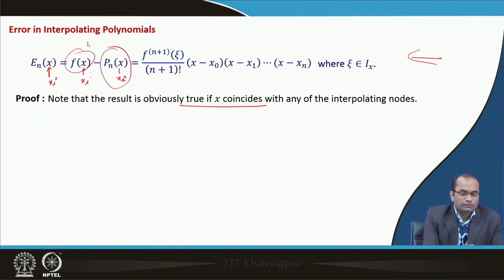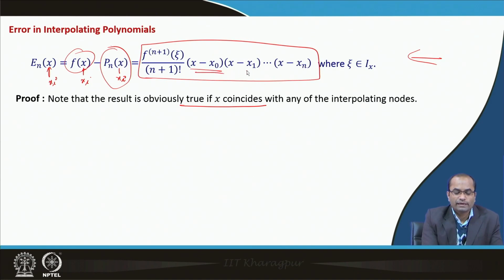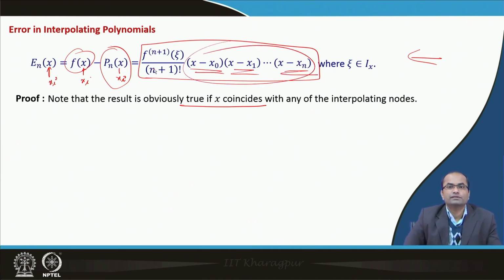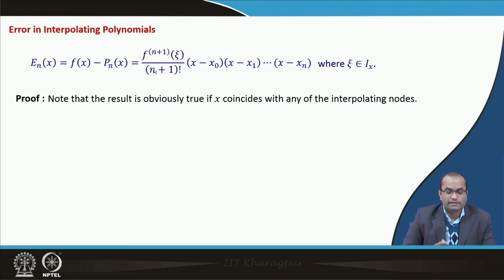Then the error is 0, and on this side the formula also gives 0, because when x is one of these nodes, the product makes everything 0. So we have 0 equal to 0. That is obviously true when x coincides with the interpolating nodes x0, x1, x2, x3 and so on.